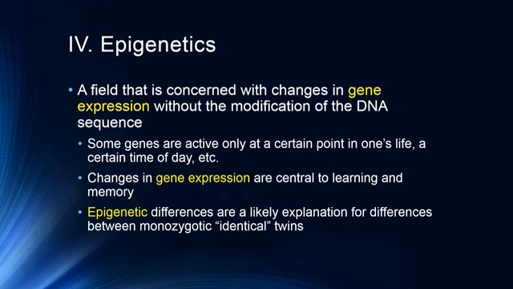For example, while an identical twin with schizophrenia is more likely to have a second twin with schizophrenia, it's not 100%. Similarly with homosexuality, a male twin who's homosexual, it's more likely that their twin is also gay, but not necessarily. So there may be some epigenetic differences in the expression of these proteins that can explain these differences in expressed behavior between monozygotic or identical twins.